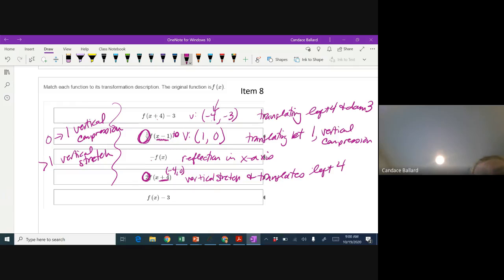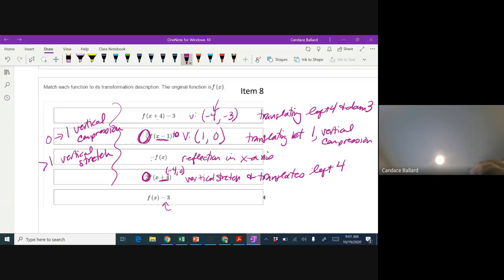All right, help me out with this last one. How's that -3 going to move it? Stretch, compression, up, down, left, right. Matthew says down. Do we agree with him? Oh, we've got down. So down 3.